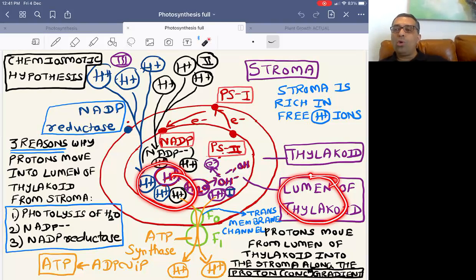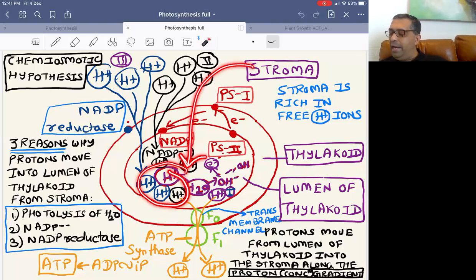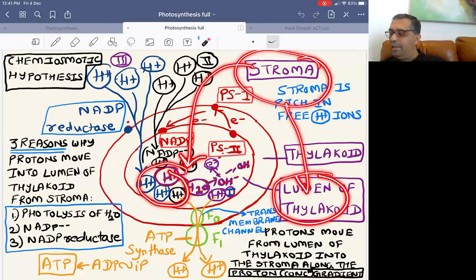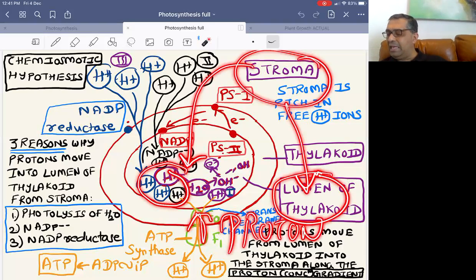Similarly, in photosynthesis, where will these protons go? These protons have gone from the stroma into the lumen. So in the lumen proton concentration has increased and in the stroma proton concentration has decreased.